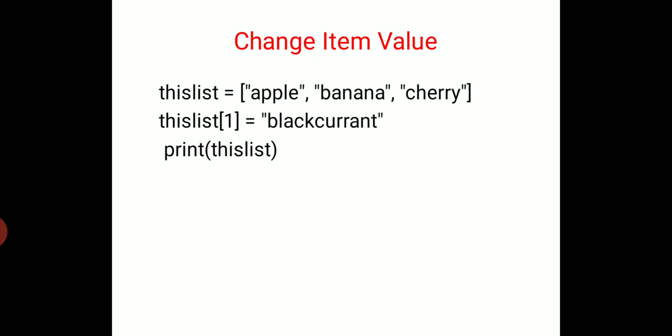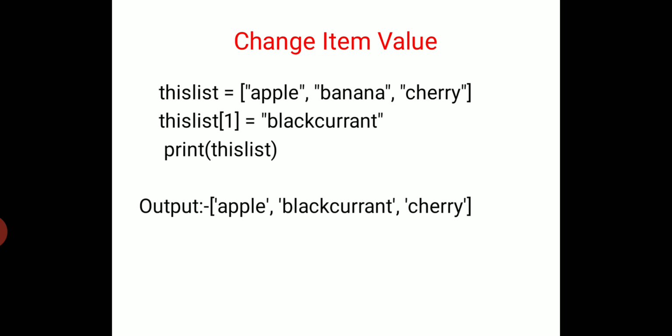So I just put double quotes and blackcurrant and print this list. What is our output? The output is apple, and the banana is replaced by blackcurrant, because banana is at indexing 1, and we gave the updated value blackcurrant, and it is considered here.